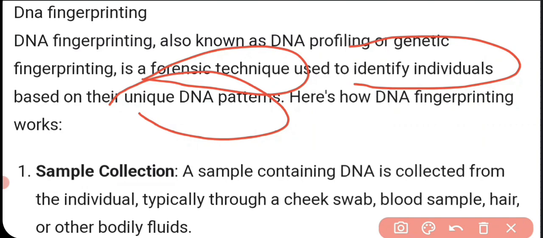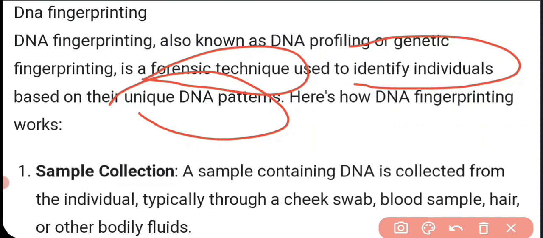All individuals have different DNA patterns, so we can recognize that DNA pattern by this process of DNA fingerprinting. By identifying that particular pattern, we can recognize that this profile or this particular pattern belongs to this particular person.